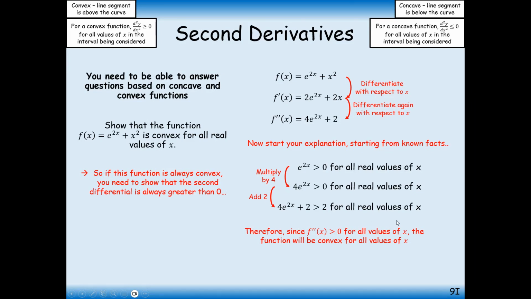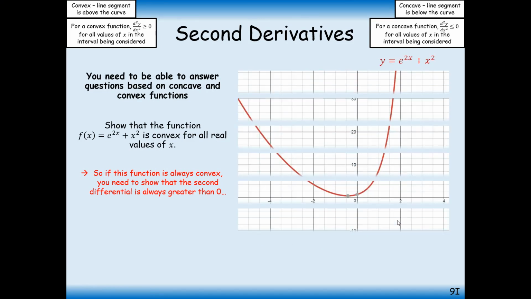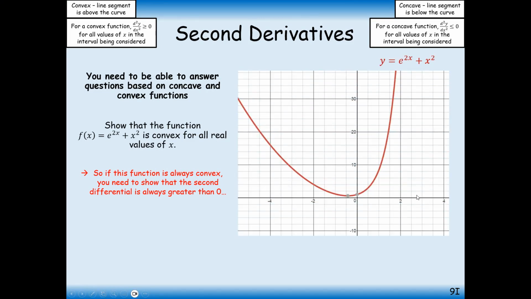Therefore, it's always positive, and therefore always convex. And this is what the original graph looks like. At any 2 points, the straight line joining those 2 points on the graph will be above the curve.